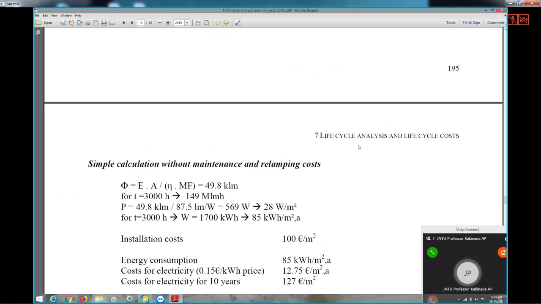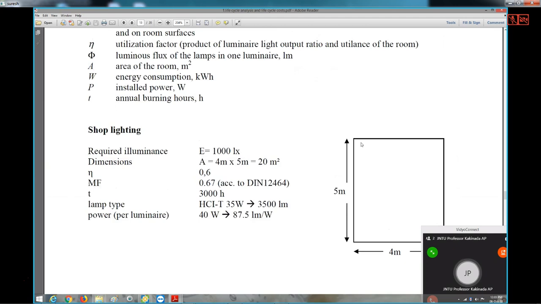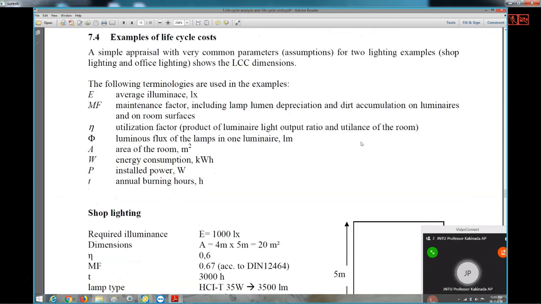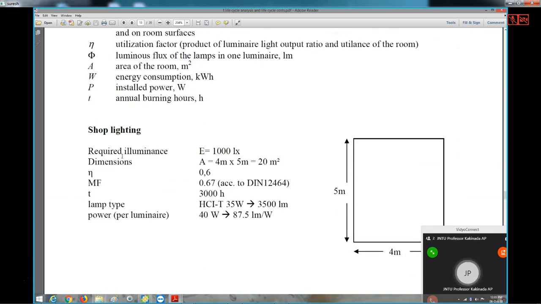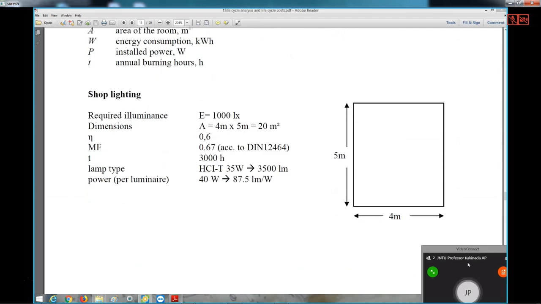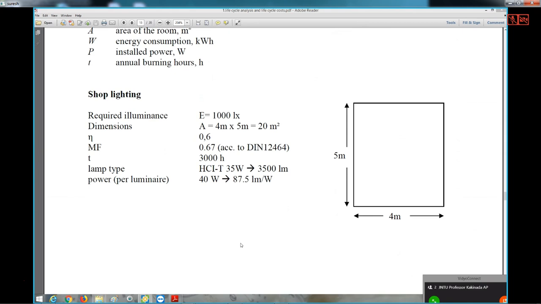Here, let us see a calculation. The required illuminance is 1000 lux within this room. The dimension of this room is 4 by 5 meters, that is 20 square meters area. Then efficiency eta is 0.6. Then we have the maintenance factor of 0.67.